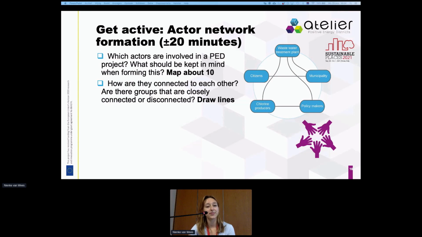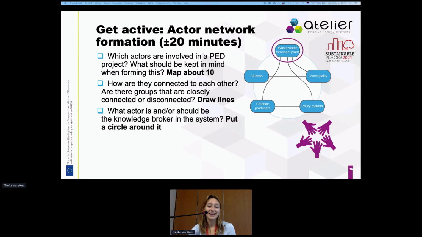The next thing, which Jack spoke about as well, is that there is or should be a knowledge broker in the system that will disseminate the information it gets from all parties to the parties and make sure that knowledge is disseminated.